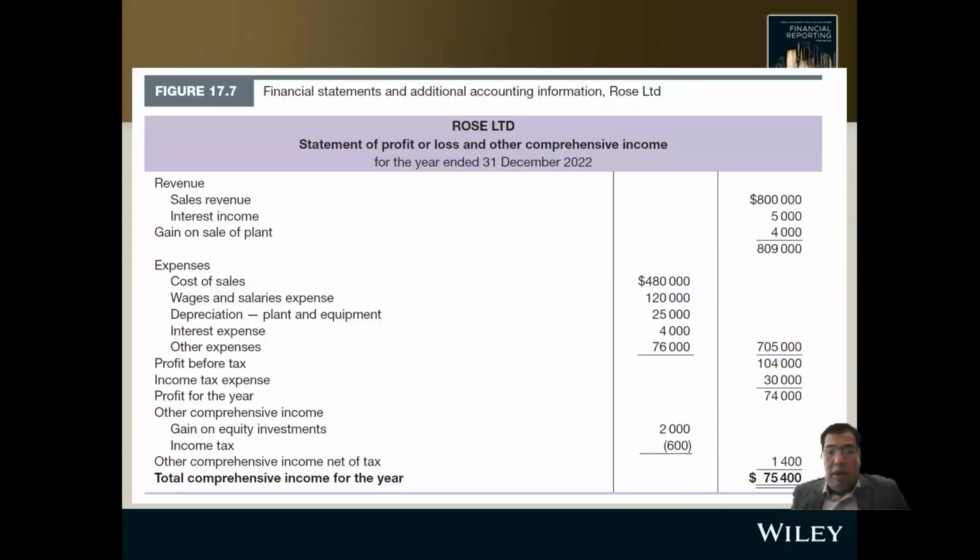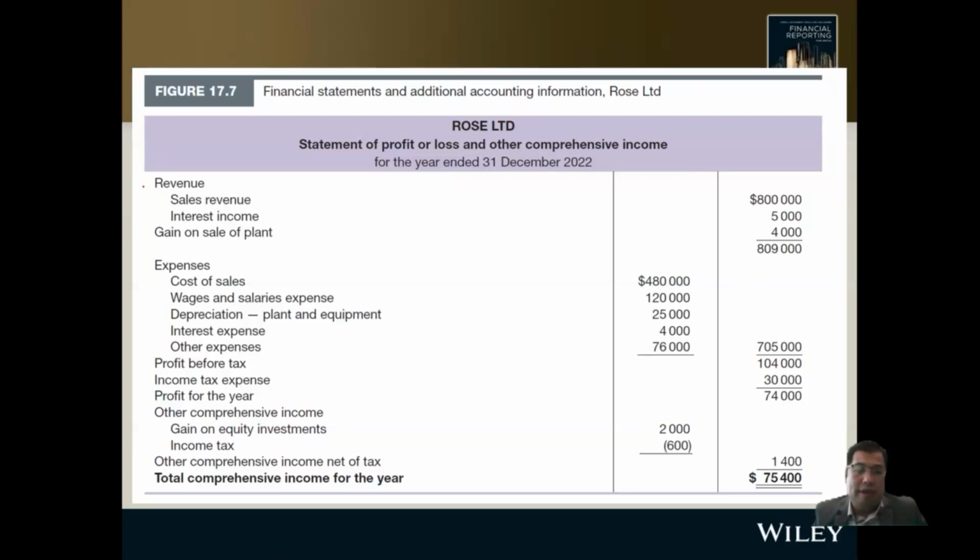So this is an example of one question from the textbook, example 17.7. I'm showing you the indirect method. This is for Rose Limited: statement of profit and loss and other comprehensive income for the year ended 31st December 2022.